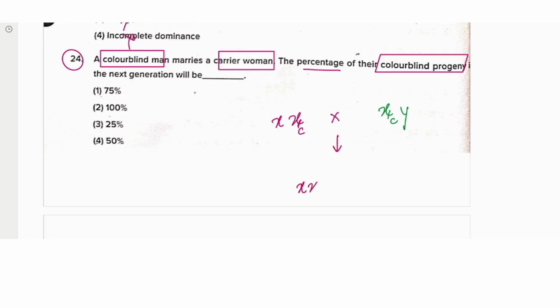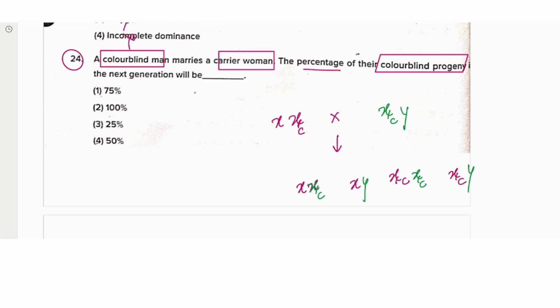It would be X Xc with the father's Xc and Y, then Xc with Xc, as well as Y with Xc.